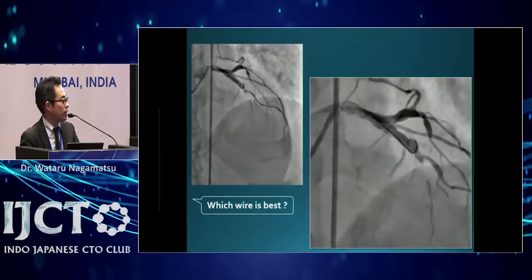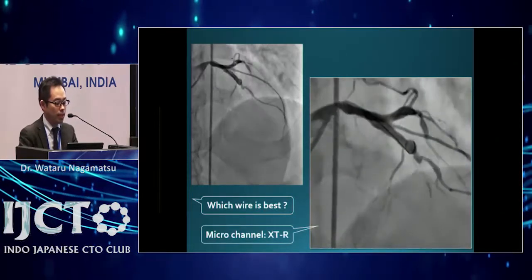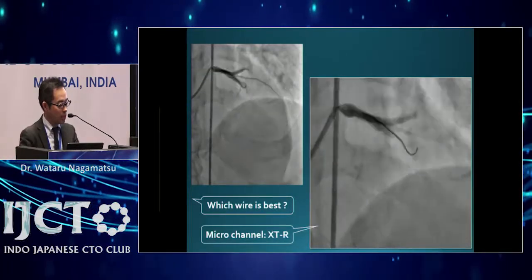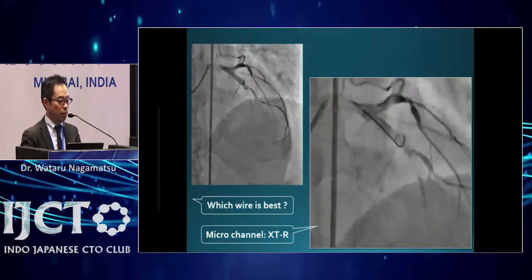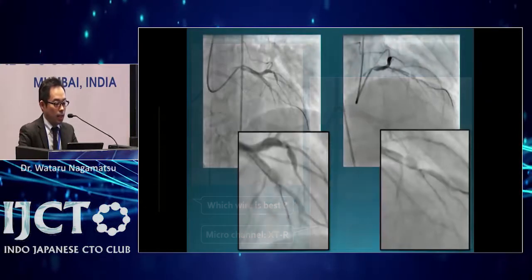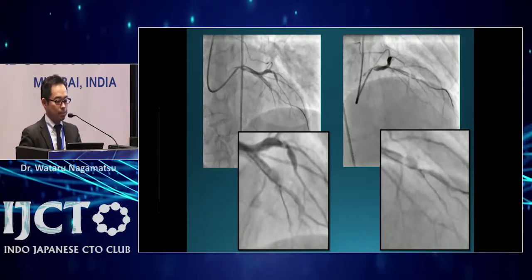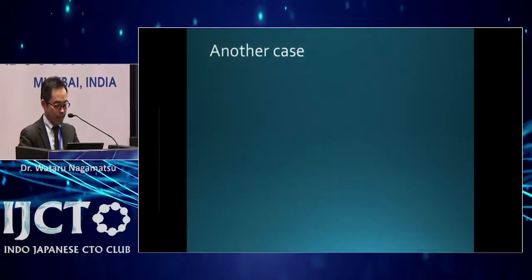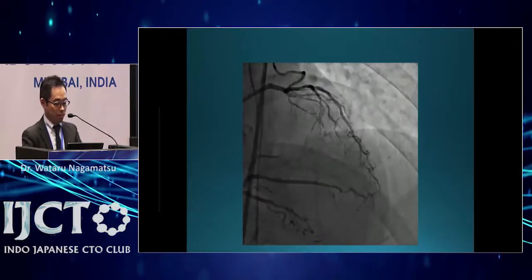This time we can see the micro channel in the CTO region. So we can see the micro channel, so definitely we will choose the XTR wire for this, like a very tiny channel. And in this case the success was by using the XTR. I showed another case, a little more difficult question.